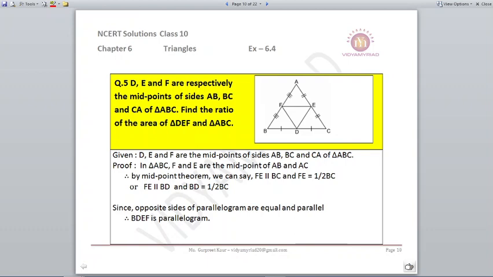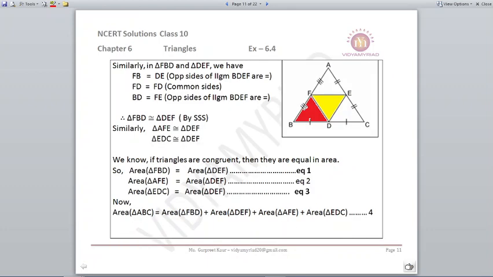That is clear. Since the opposite sides are parallel and equal, we can say that BDEF is a parallelogram. So in this BDEF, FD is dividing it into two triangles. Let's make them congruent. If we take triangle FBD and triangle DEF, we know FB is equal to DE because opposite sides of a parallelogram are equal.